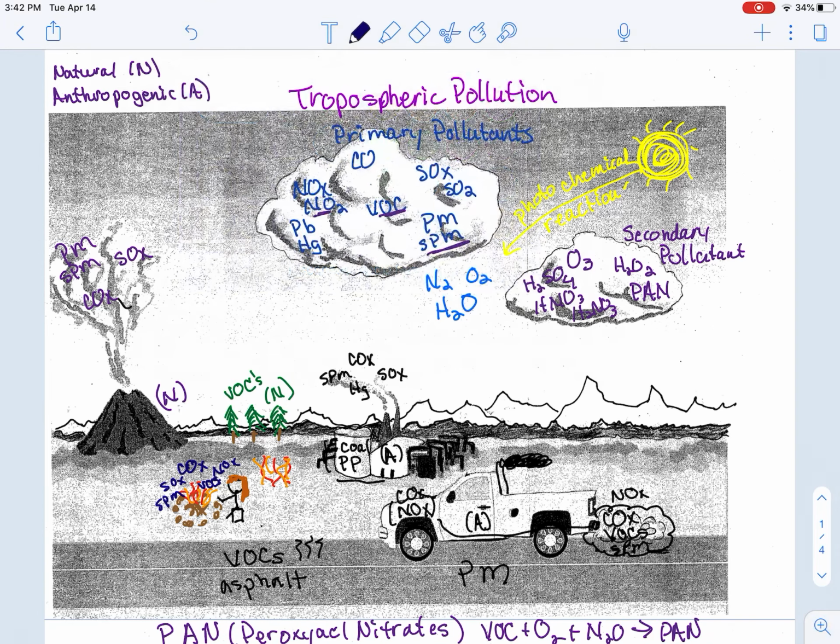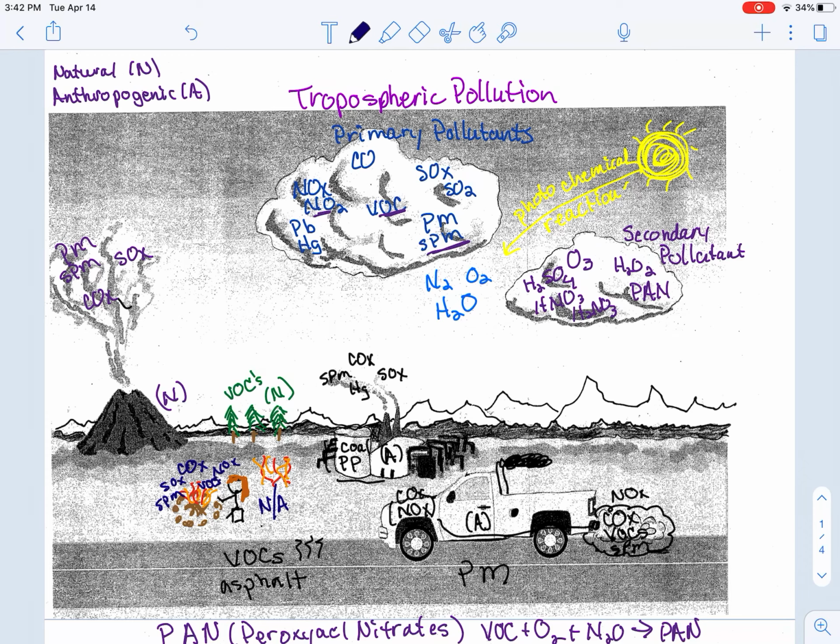Question: is this natural or is this anthropogenic? The answer is it depends on how you look at it. So it can be a natural source because we are burning wood, right? Or if it's a wildfire that's caused by just natural means, lightning strikes or those kinds of things, then it is natural.